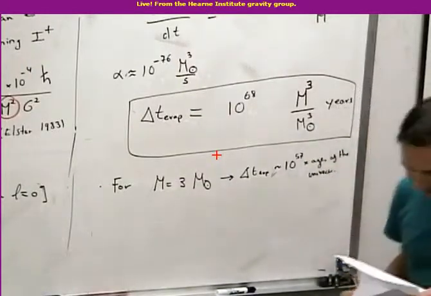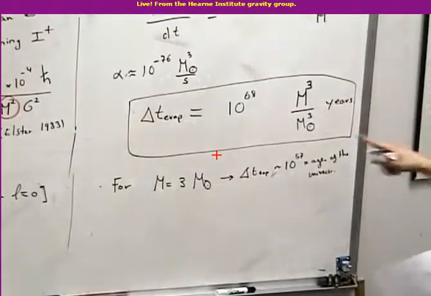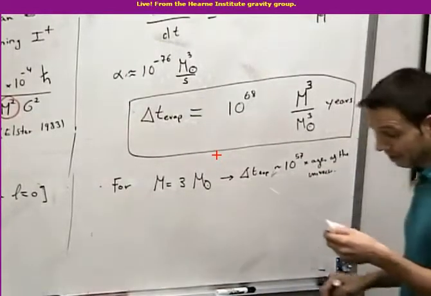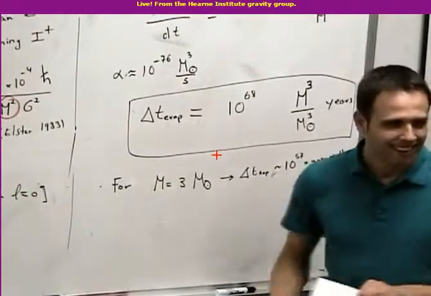Does this number make sense? Maybe I made a mistake in doing something, but wherever it is, I'm sure it's much larger than the age of the universe. What I did instead was 10 raised to 60.